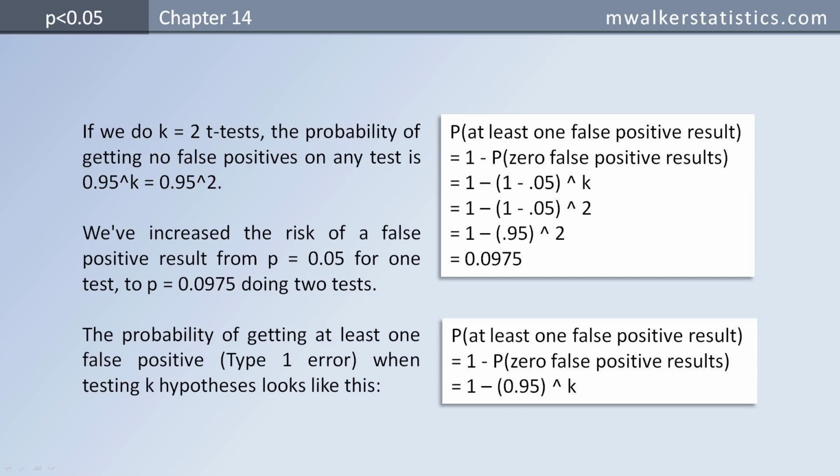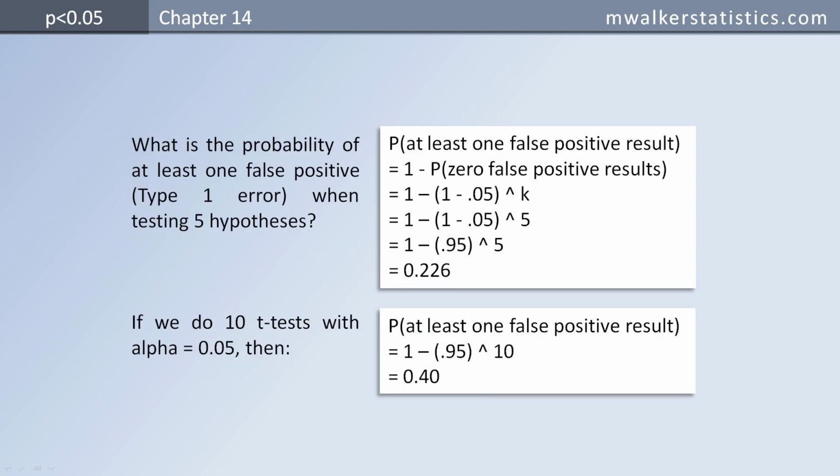The probability of getting at least one false positive type 1 error when testing k hypotheses looks like this. What is the probability of at least one false positive type 1 error when testing 5 hypotheses? If we do 10 t-tests with alpha equals 0.05, then p, at least one false positive result.